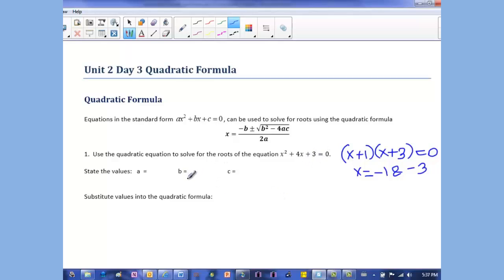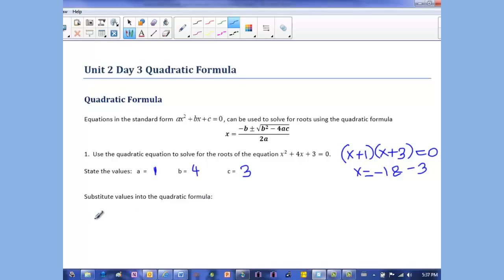First, I want to identify what my a, b, and c coefficients are from standard form. In this case, x squared does not have a visible coefficient, so a is 1. b is 4, and c is positive 3.